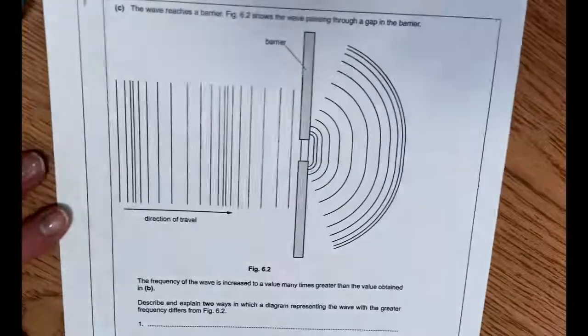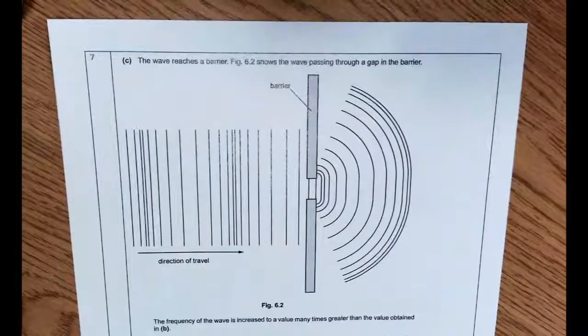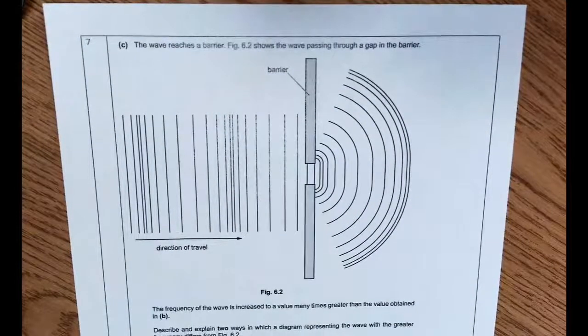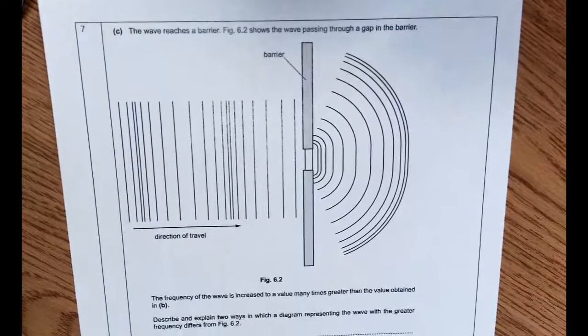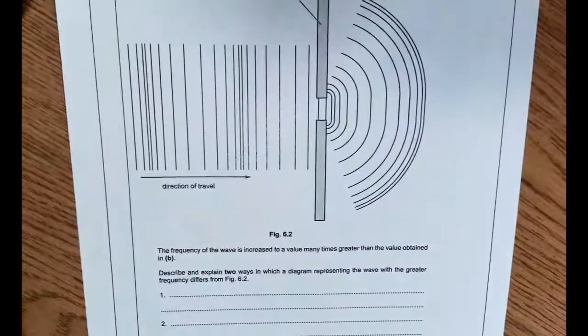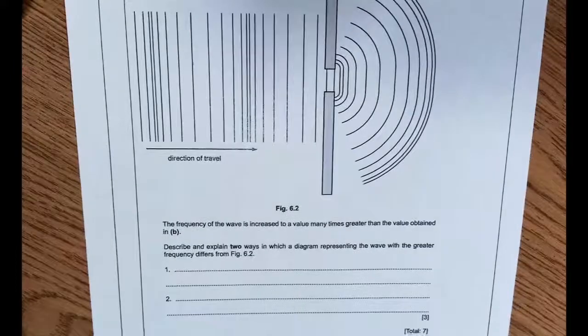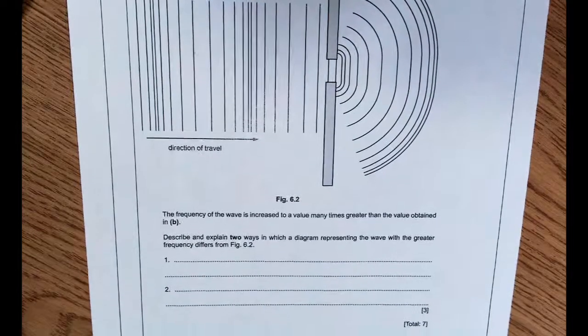Okay, question 7. So, the wave reaches a barrier. Okay, so we've got a wave, it's reaching a barrier. We can see it passing through a gap. The frequency of the wave is increased to a value many times greater than the value obtained in B. Describe and explain 2 ways in which a diagram representing the wave with a greater frequency would differ from figure 6.2.